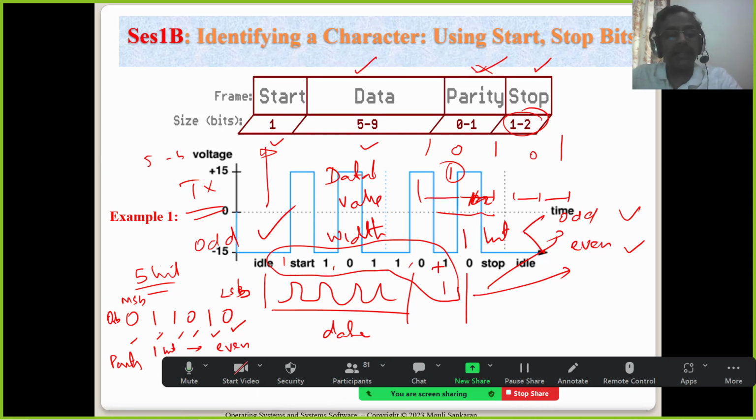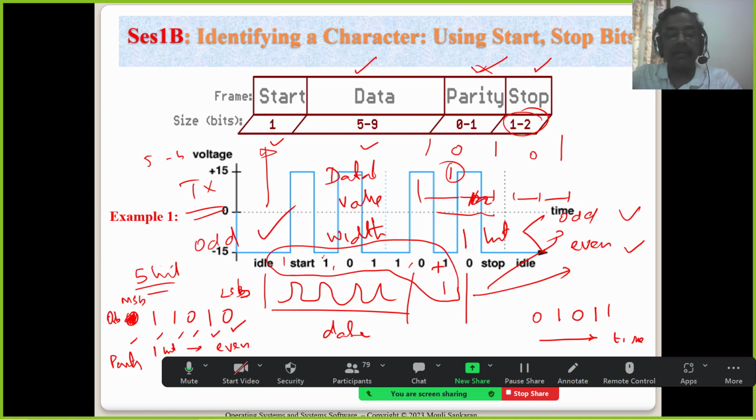Since you have said that 5 bits are going to be there, I have drawn 4 plus 2, 6. So let me remove this and keep the 5-bit data. Now it is going to send 0, 1, 0, 1, 1. This is the order in which it is going to send it. You have to now draw this 0 either as plus or minus, you know that.